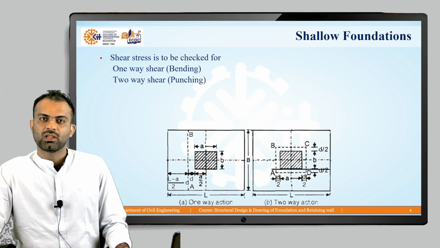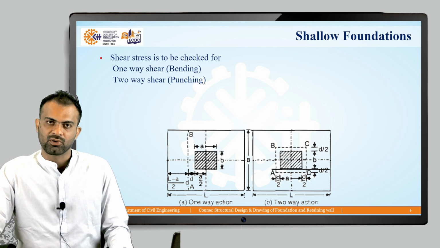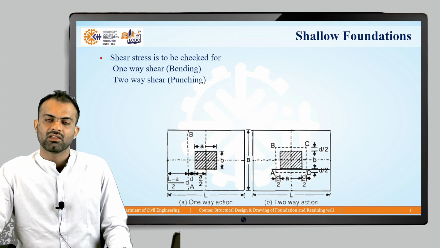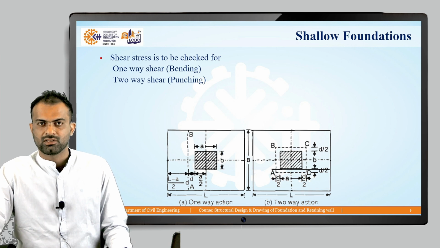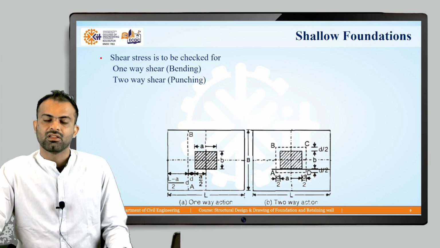If two columns are supported by a combined footing, and just assume one column is transferring 500 newtons and the other column is transferring 700 newtons, we have to do these checks for the 700 newton column, because if it passes for the heavy column, then straight away it is going to be safe for the lighter column also.